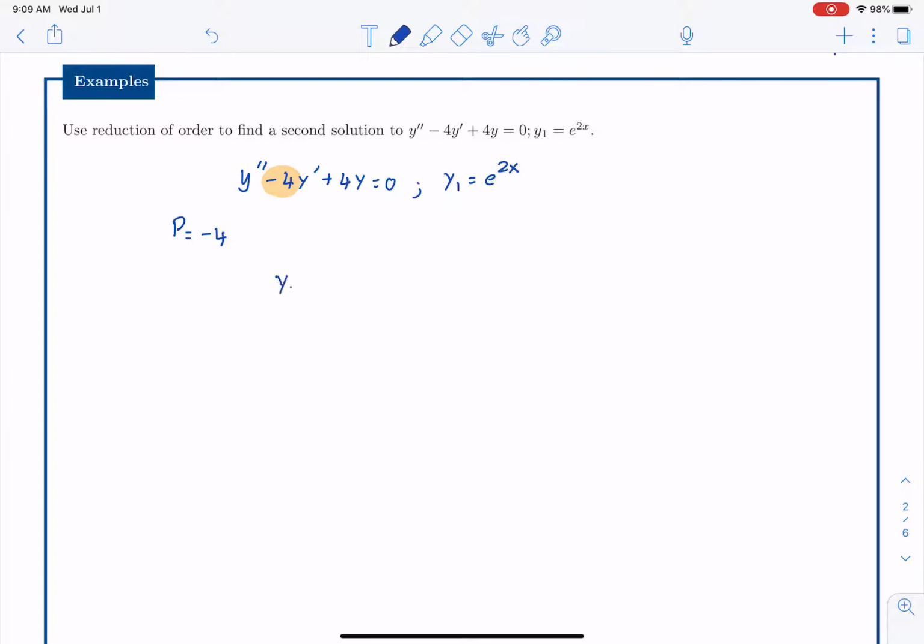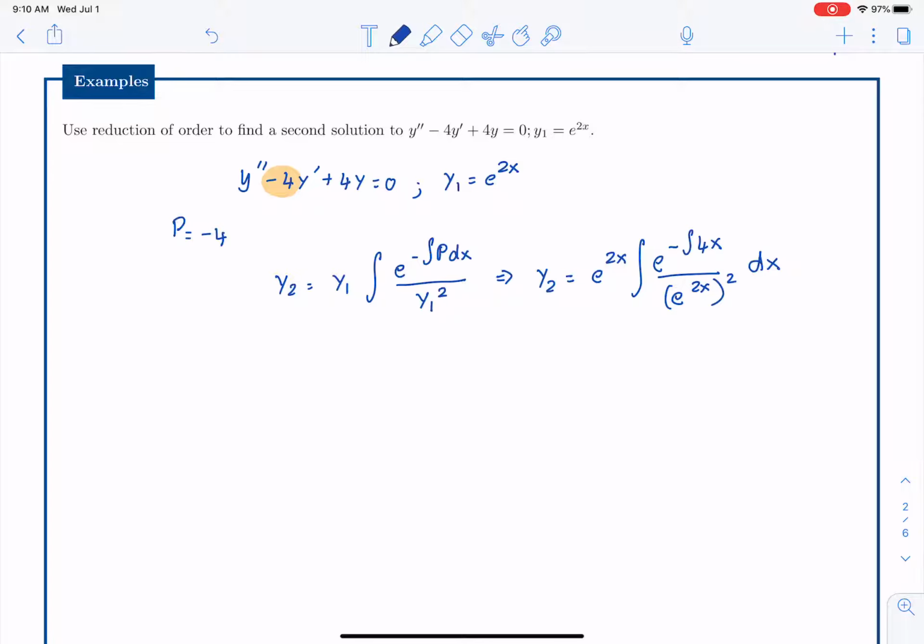Now y2 would then be equal to y1 times integral e raised to negative integral p dx divided by y1 squared. So y2 would equal e raised to x times integral e raised to negative 4x divided by e raised to 2x squared dx.